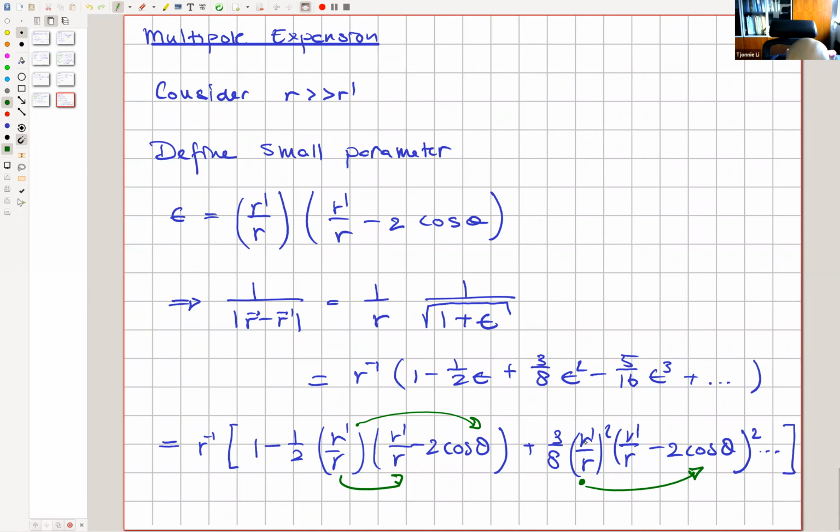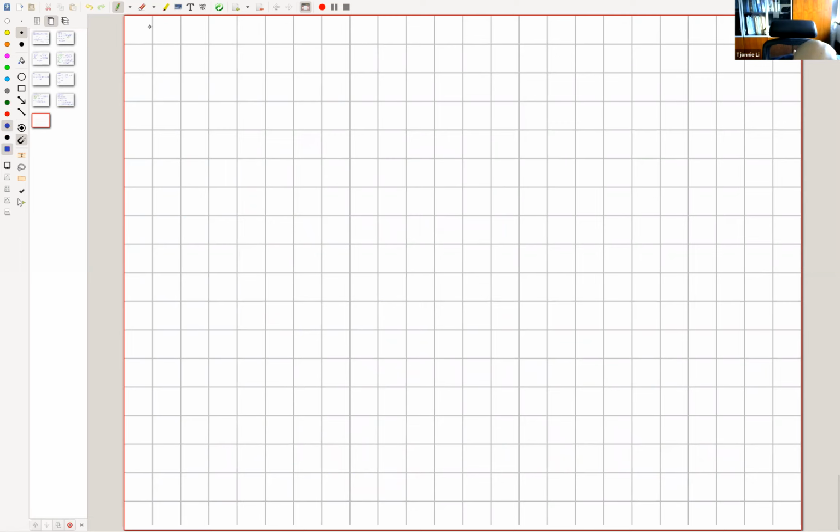So indeed, if I look at this multipole expansion still, in this case we are dealing with r minus r prime, and this is just 1 over r.